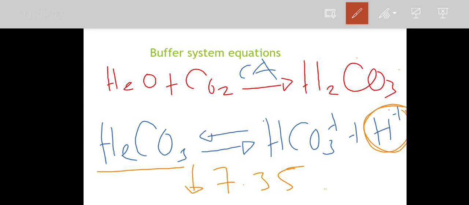So in this case, if it's going to more acidic, this free hydrogen ion in the blood is going to combine with bicarbonate so that we form carbonic acid. This carbonic acid is going to be eliminated through the lungs. Carbon dioxide is going to be removed. Remember, carbonic acid is basically water and carbon dioxide.